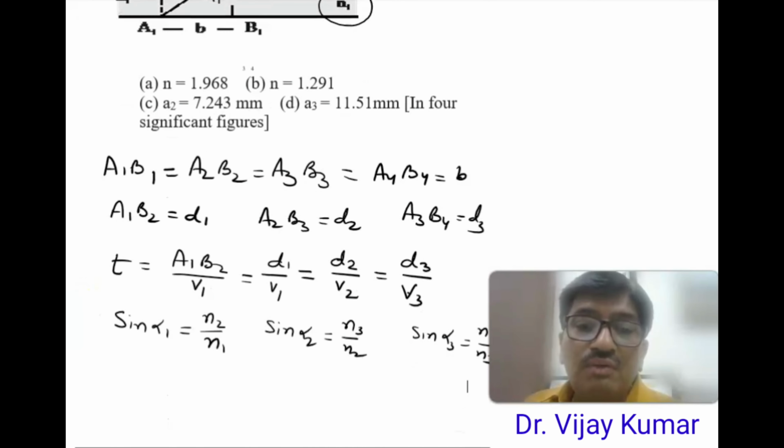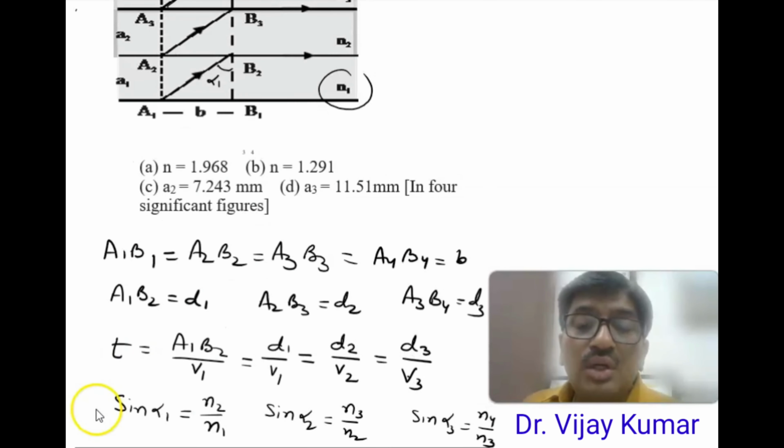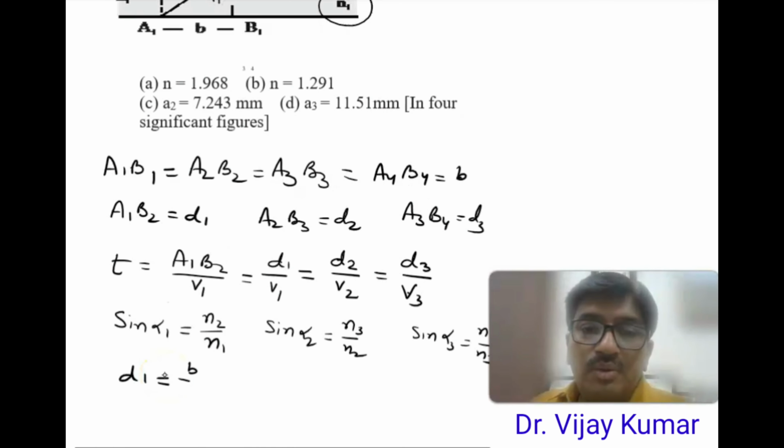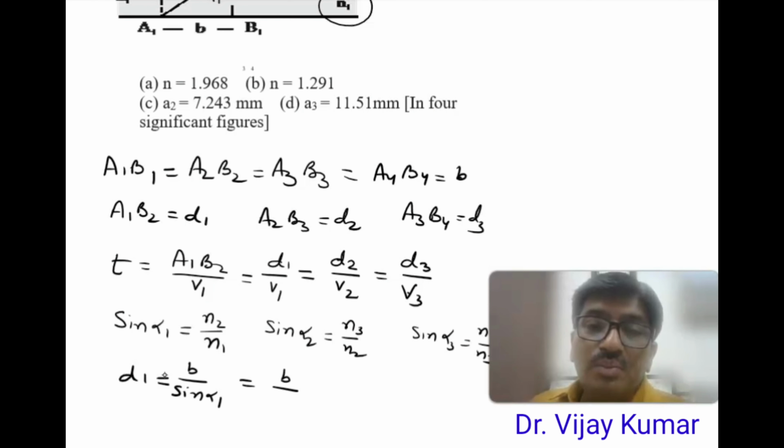And we can take here D1 equals B upon sin alpha 1, or putting the value of sin alpha 1, B upon N2 upon N1, and it becomes B N1 upon N2.